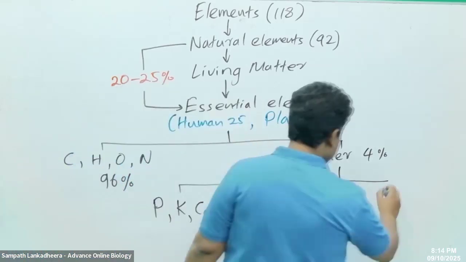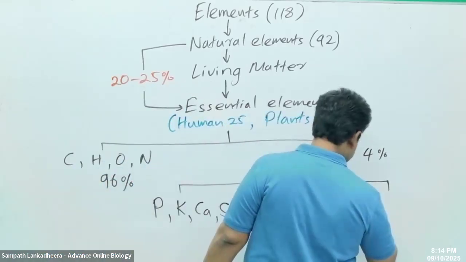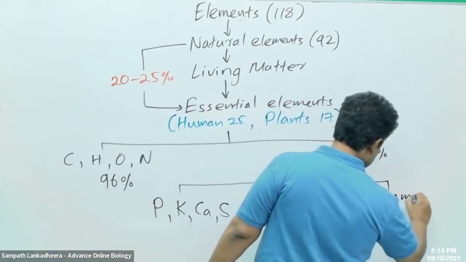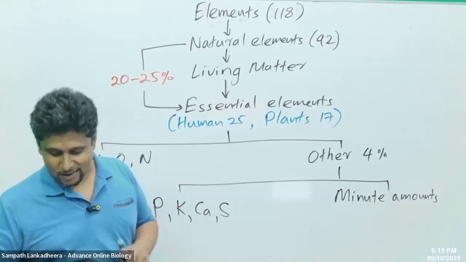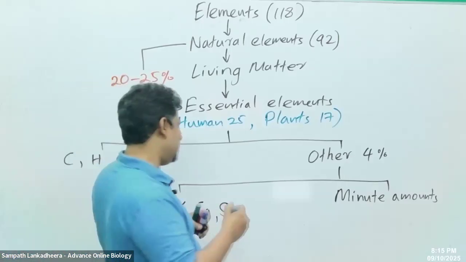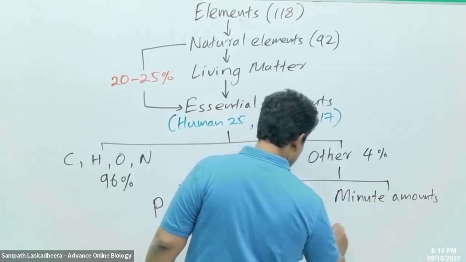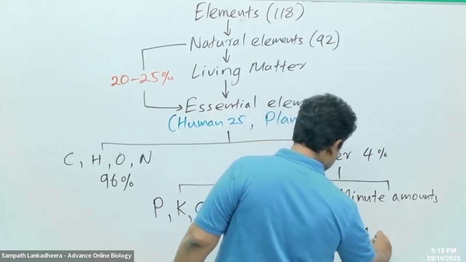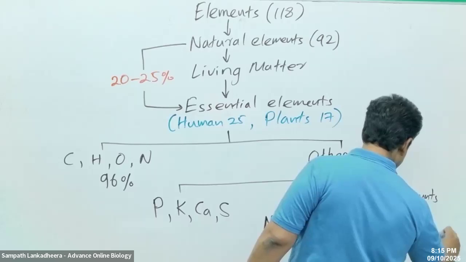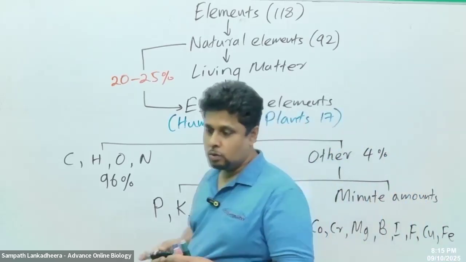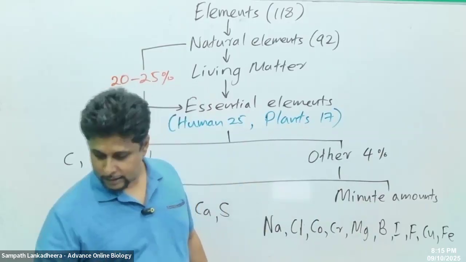Then the elements present in minute amounts: Na, Cl, Co, Cr, Mg, B, Fe, Cu. We said that. So this is what we learned about elements.